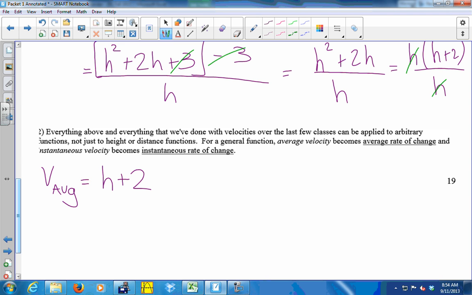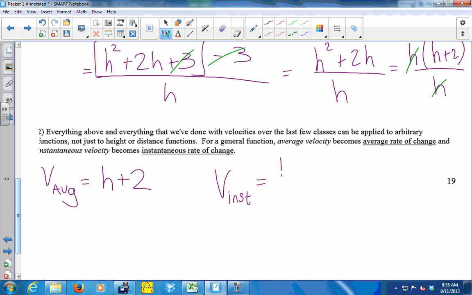So the whole purpose behind that is that now I would like to know the instantaneous velocity when t equals 1. So if the average velocity from 1 to 1 plus h is given by that expression, to find the instantaneous velocity, I just have to let h, the time interval, go to 0.